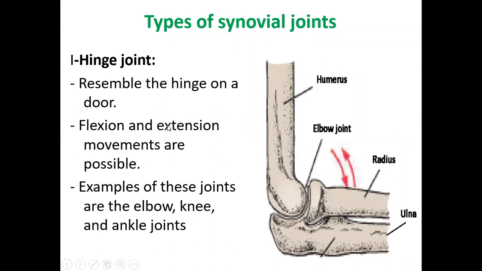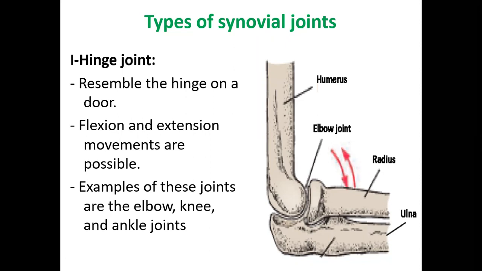Flexion and extension are the two movements possible at this joint. The best example is the elbow joint here. This is the humerus, the bone of the arm, and these are the bones of the forearm, radius and ulna. When they move up, it is called flexion. When it moves opposite, it is called extension. Only these two movements are possible at this joint.